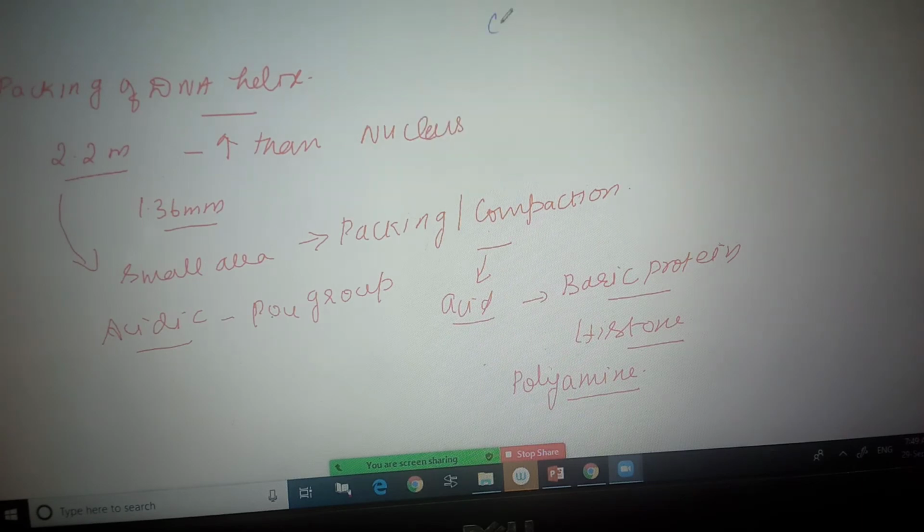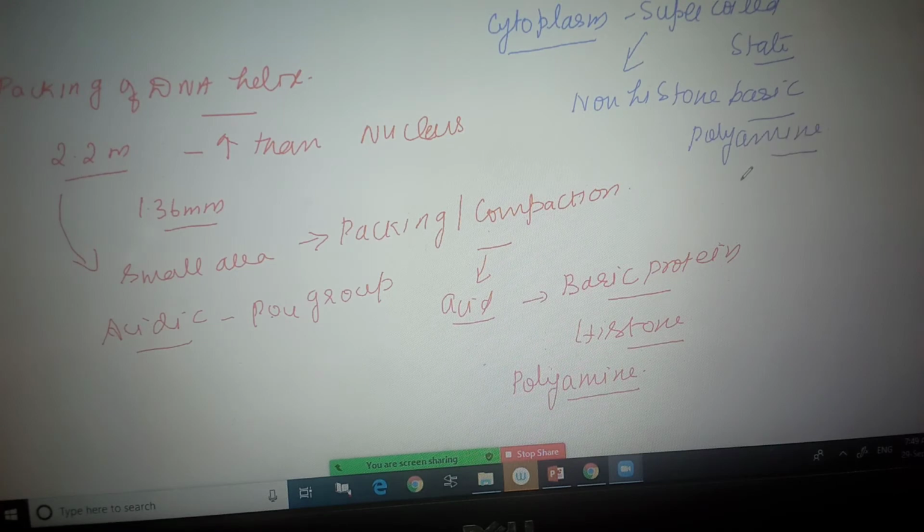DNA is found in the cytoplasm. They are found freely in the cytoplasm in a supercoiled state. This coiling structure is maintained by non-histone basic proteins, like polyamine in the case of prokaryotes.